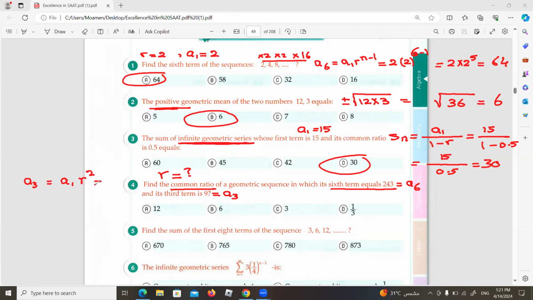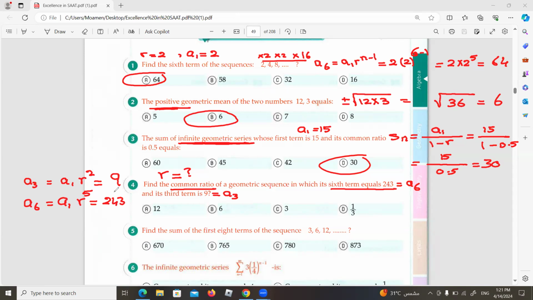And you gave me the value of A3 as 9. And then you have A6. A6 equals A1 R power 5, equals 243.